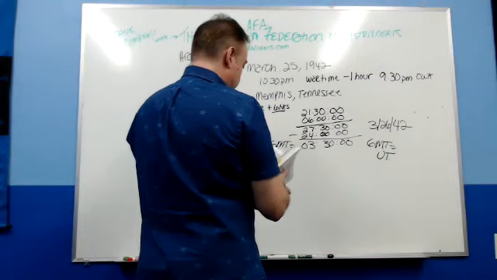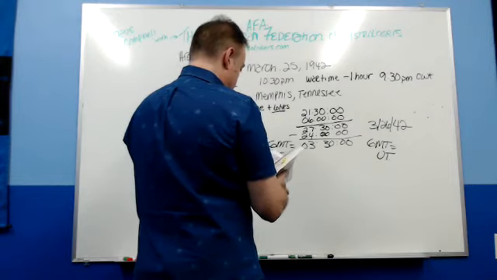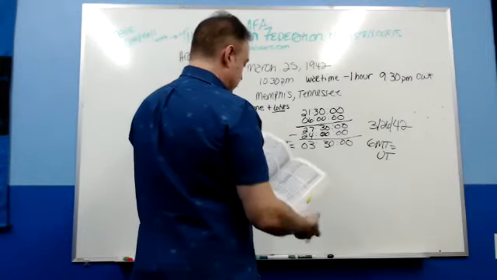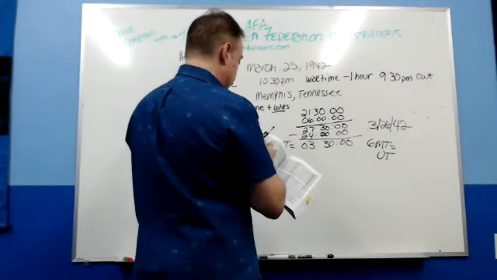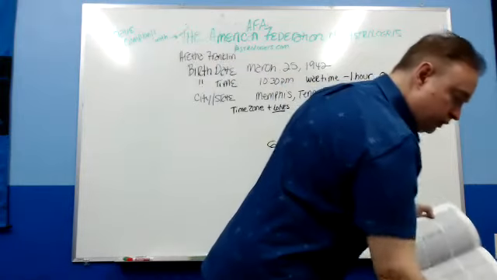So go to your noon ephemeris. March 26th. And where it says in the first column, sidereal time, it's 0:13.